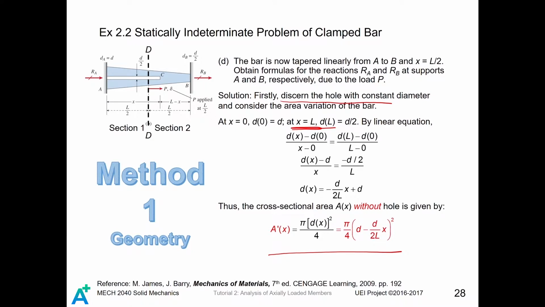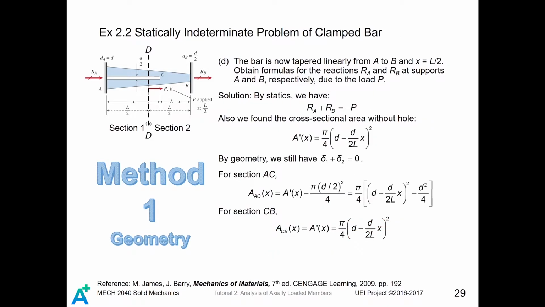Next, we are going to consider the cross-sectional area with hole. By statics, obviously we have RA plus RB equals minus P. Besides, since we've already found the cross-sectional area without hole, we can get the cross-sectional area for sections 1 and 2 respectively. Recall that for section AC, since there is a hole, we consider the cross-sectional area of the hole, which is pi times 1/2 of d squared divided by 4.